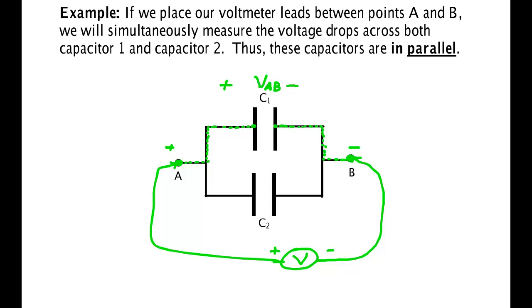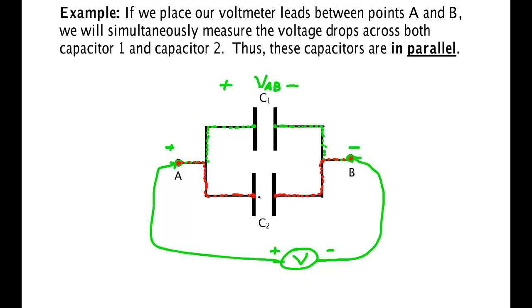Now, in the same way, if we think about it in terms of the other one, these points here are all a conductor, so they're all the same point. So all these red points are the same as those green points. They're simply point A. So connecting the voltmeter to this point here or here on the capacitor is the same. And likewise, all these points over here to this capacitor are the same point.